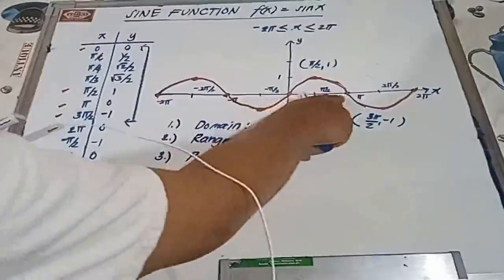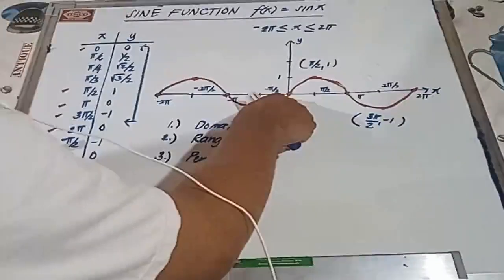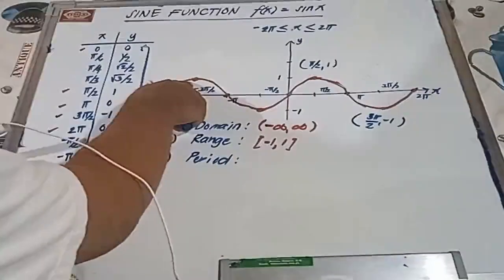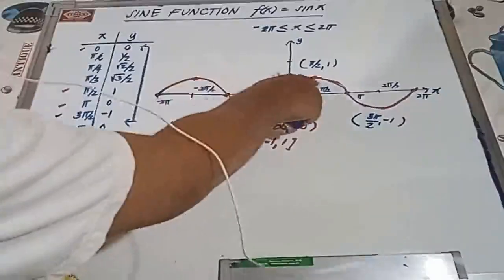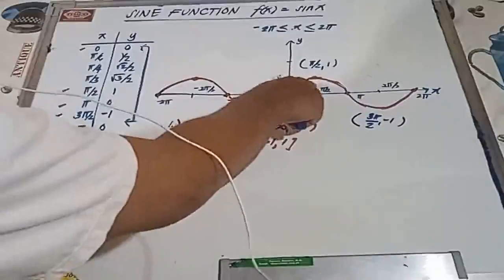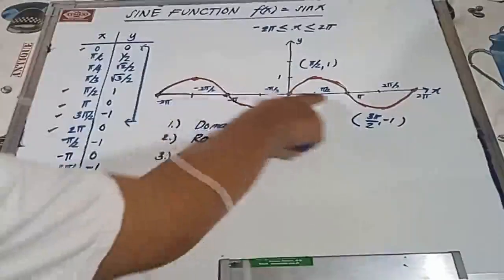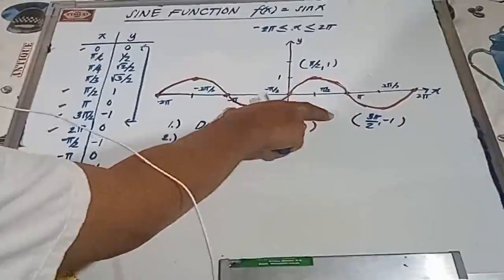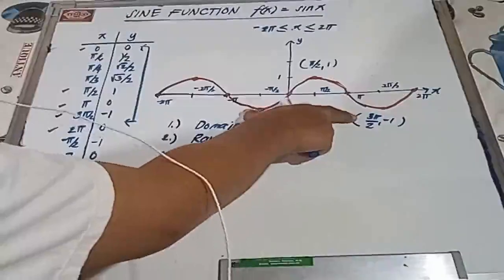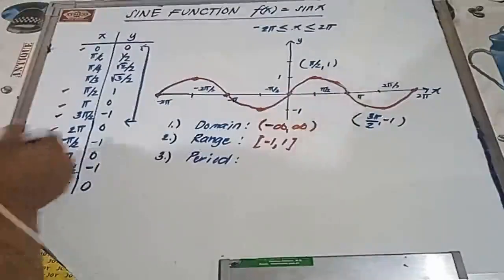From here up to this point, nag-occur ulit siya after 2 pi. Kaya ang period niya, 2 pi.